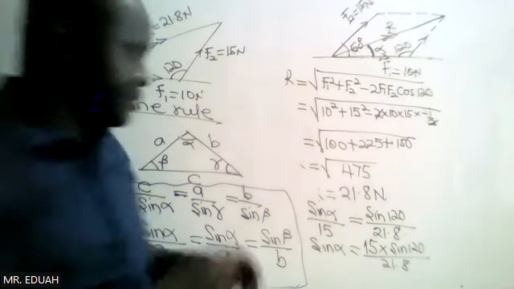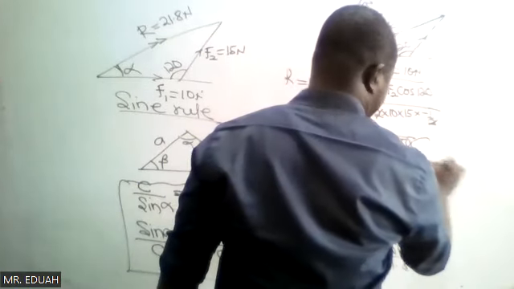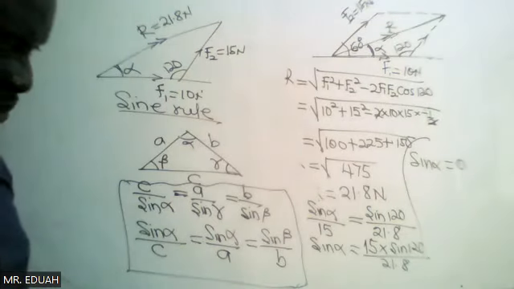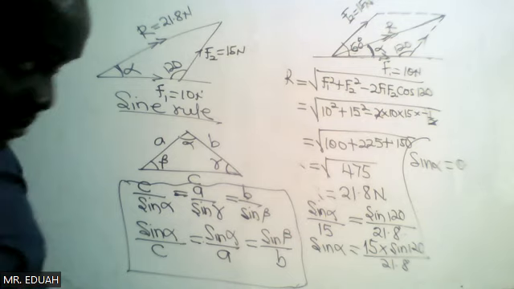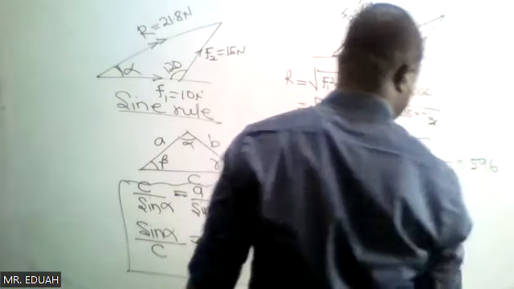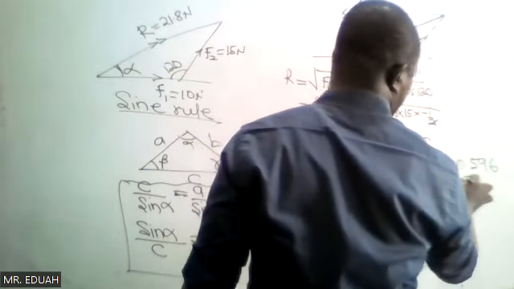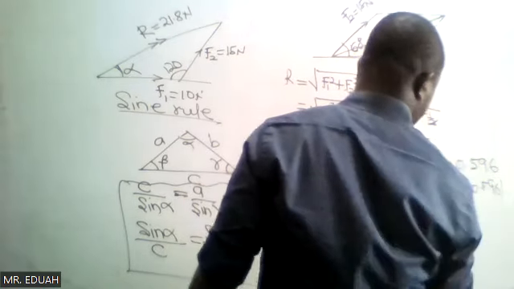So sine alpha is equal to 0.596. Then alpha will be equal to the sine inverse of 0.596.